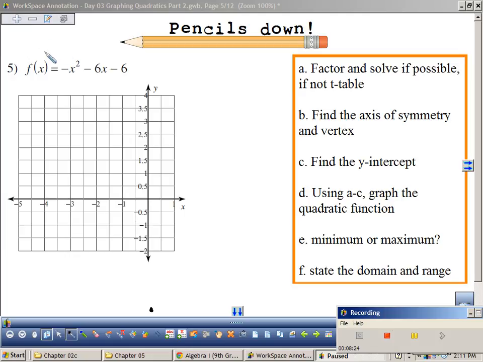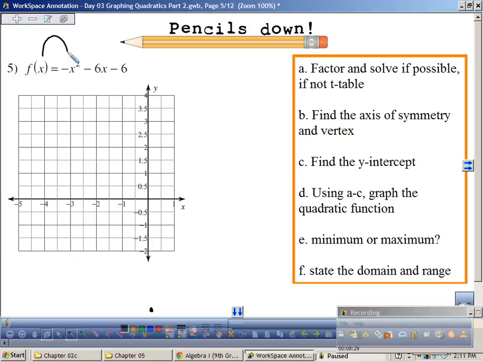What we know about graphs means that it's going to be negative. It's going to be a normal shape like a parent graph, and it's going to be down here at -6 because my constant is -6. With that information, let's make some educated guesses. I'm always going to begin with my axis of symmetry, which is -b over 2a.